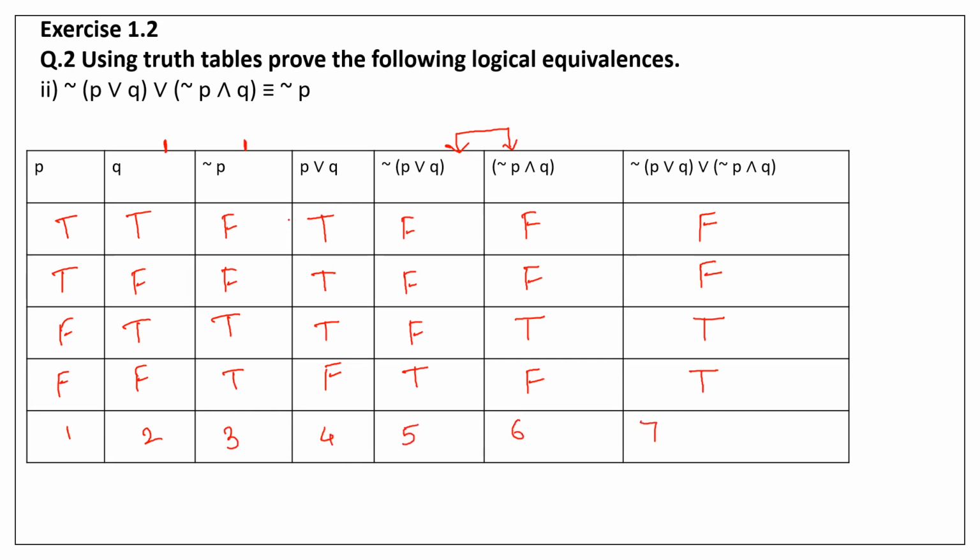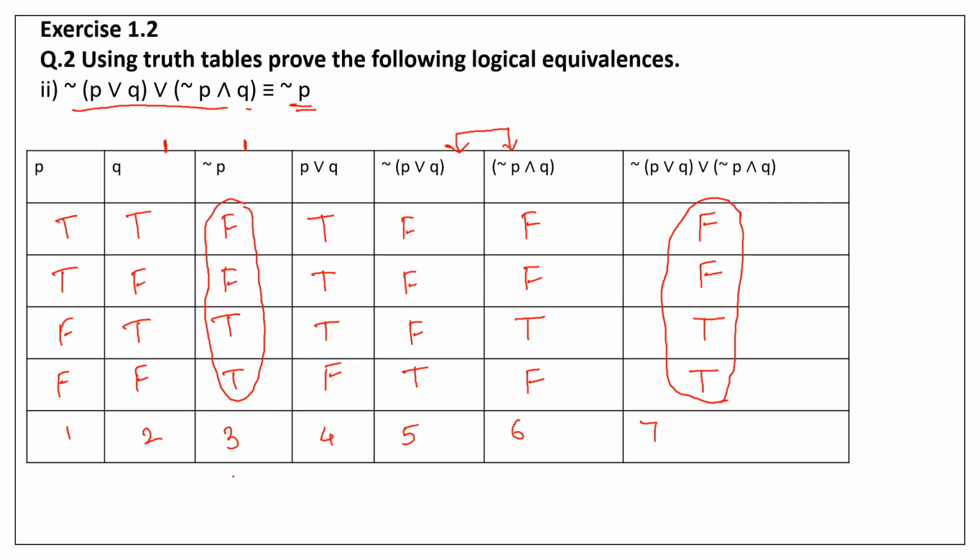Okay, now what we have to prove? This logical equivalence is equal to negation P. So what is this? This is 7th column. If you see the 7th column, the truth values are F, F, T, T, and negation of P is also the same, F, F, T, T.